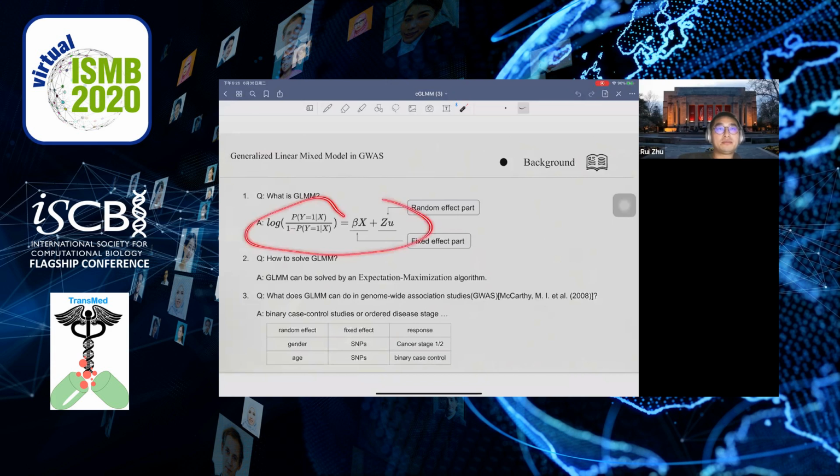So in this formula, if we remove the random effect part, this will be a generalized linear model. Mostly, the random effects are those factors that do affect the model, but we don't really want to consider. For example, in GWAS, we are interested in association between some response with SNPs, not gender. But gender does have effect on our prediction sometimes.